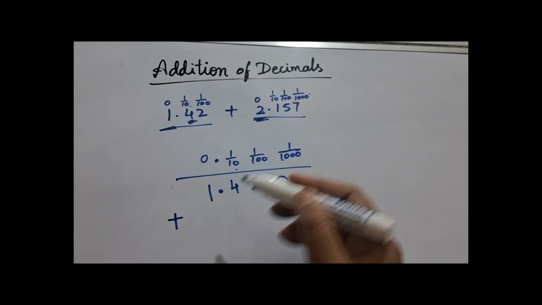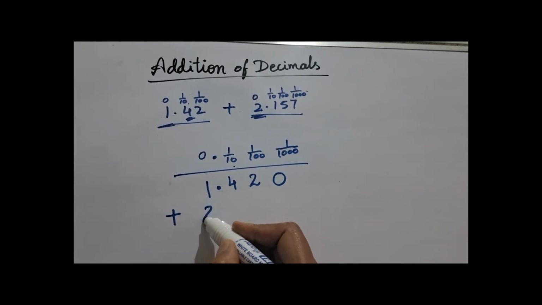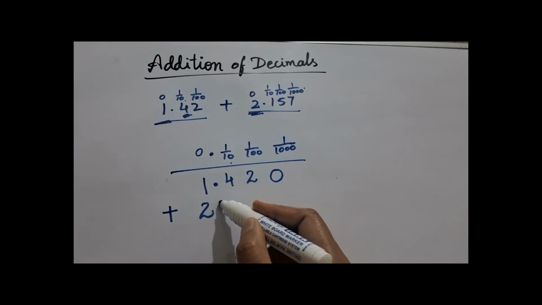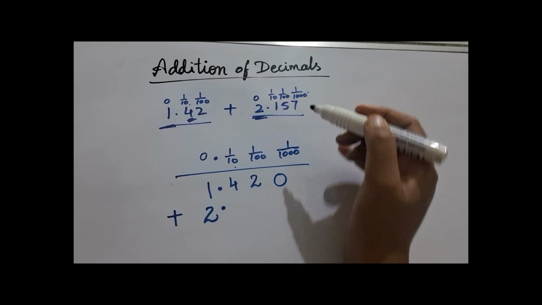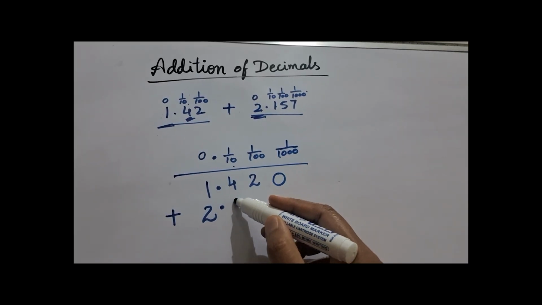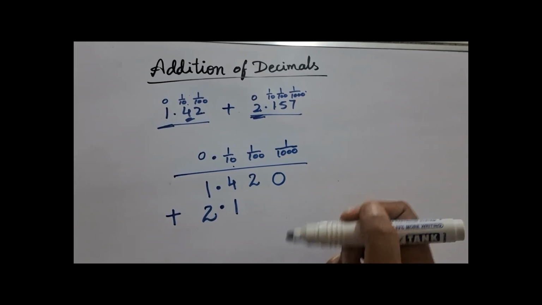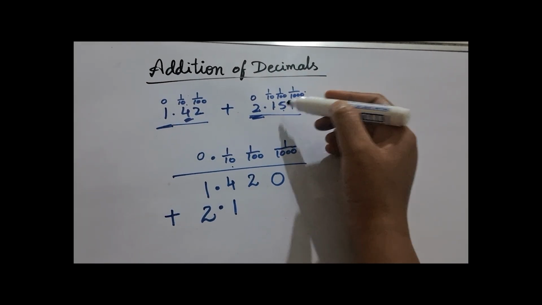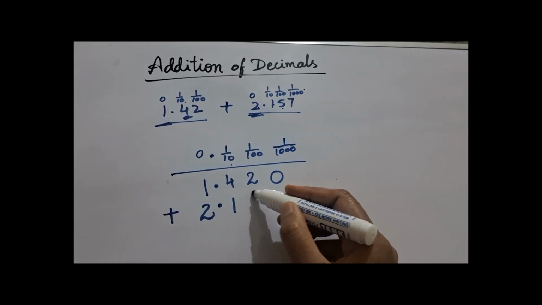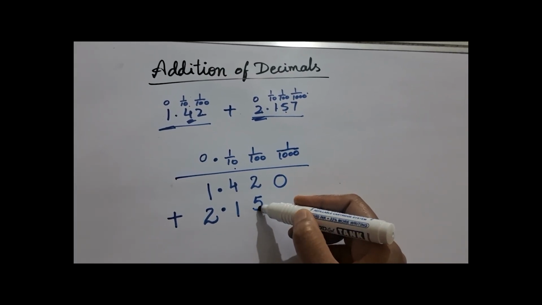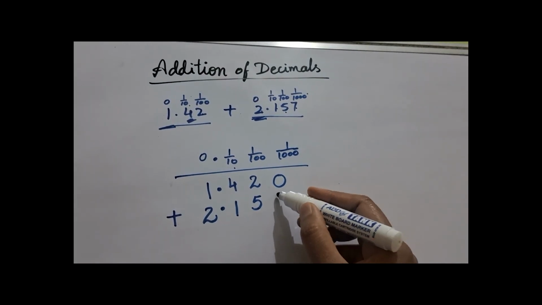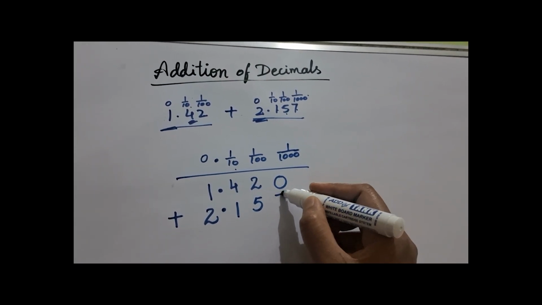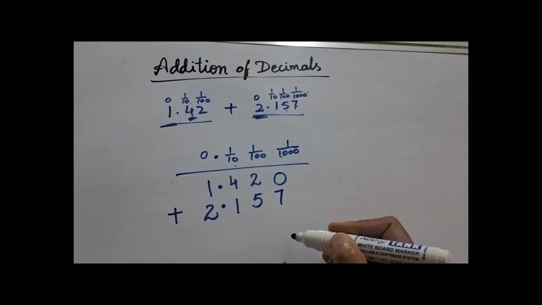2 is in the ones place, that means the whole part 2 is in the ones place, here the decimal point. Next, 1 by tens place 1 is there, so in the 1 by tens place we have to write 1. In the 1 by hundreds place 5 is there, so we write 5. And in the 1 by thousands place 7 is there, so we place that digit.